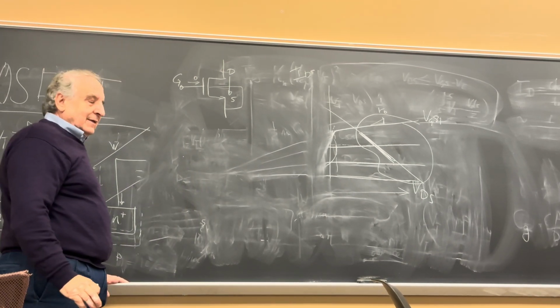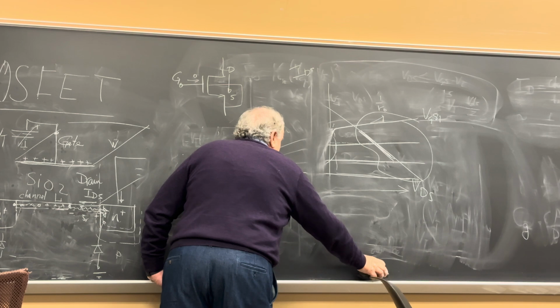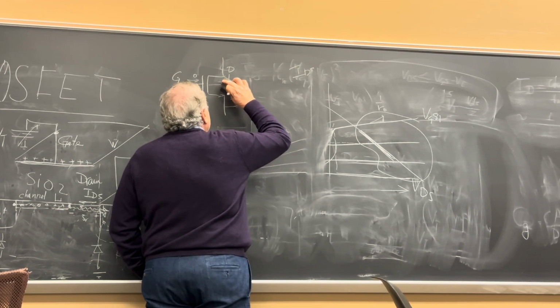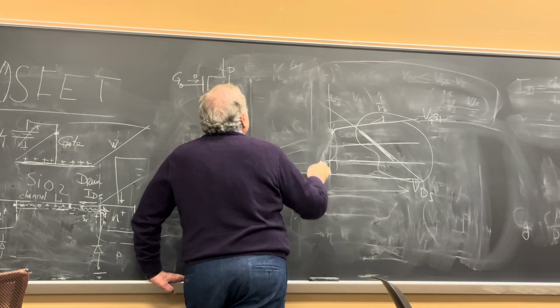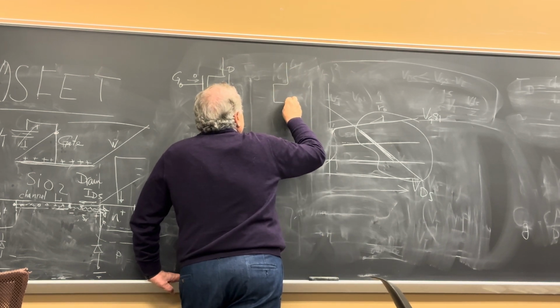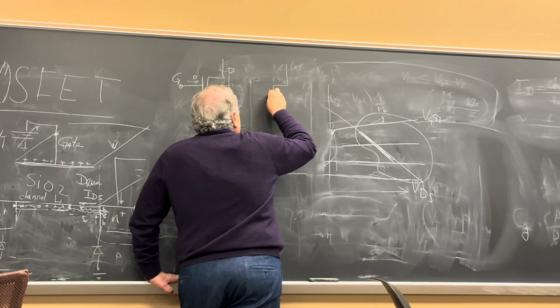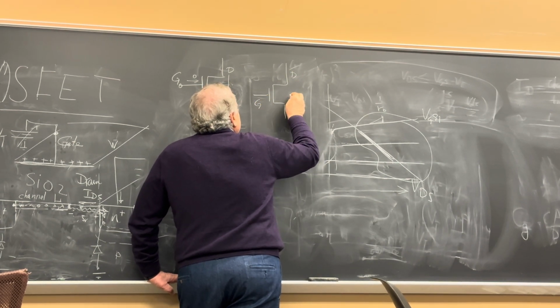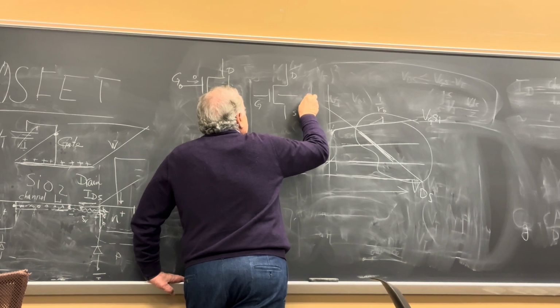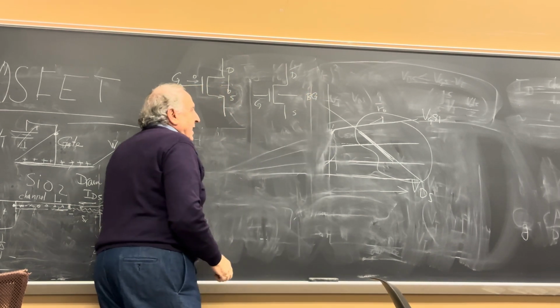But then sometimes you see it like this. A four-terminal device, this is the same. Drain, source, gate, and there is a back gate. But now there's an arrow on the back gate.